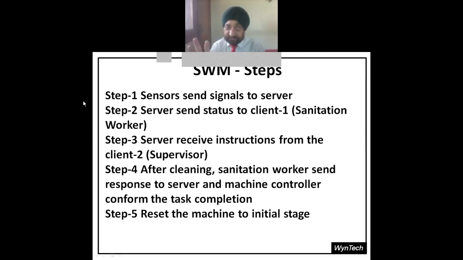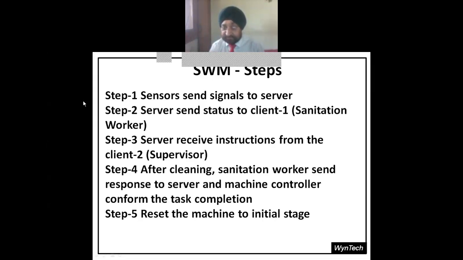So it gives the information to that worker. Now the third is server receives instruction from client 2. Server gets information from the supervisor. So there is a two-way communication. In step 3, there is a two-way communication.